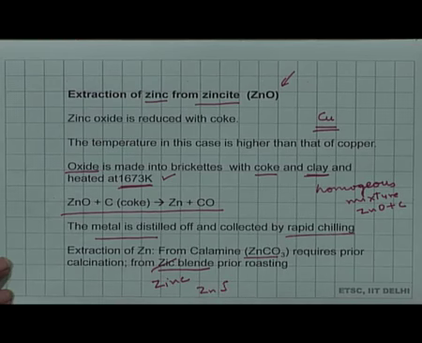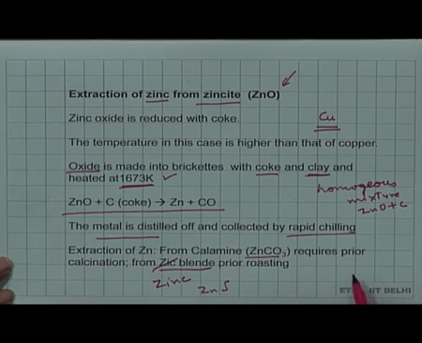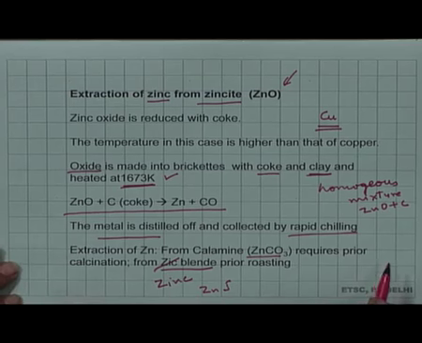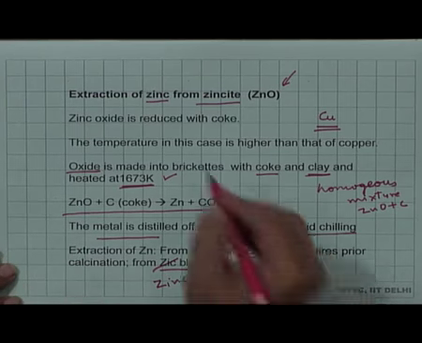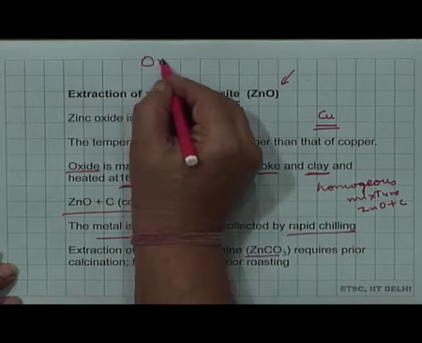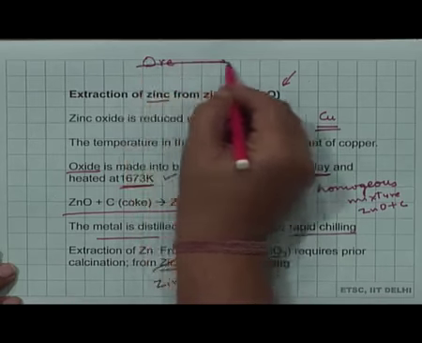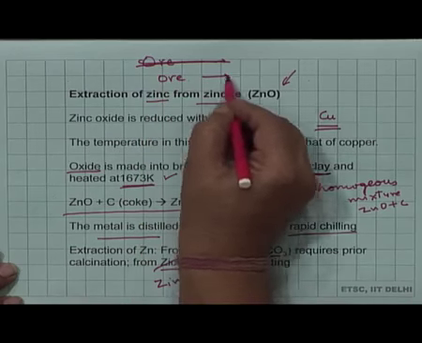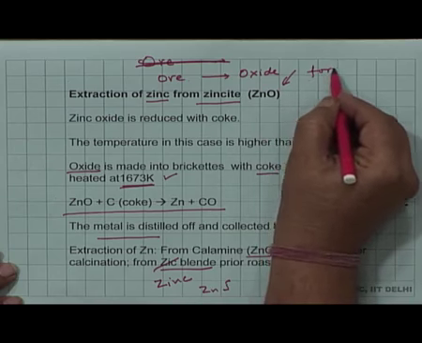Obviously, depending upon the nature of these ores, we have to apply a dressing procedure. Dressing procedure in metal extraction is the one in which you bring the metal ore from any form into an oxide form, because oxide form can be reduced.